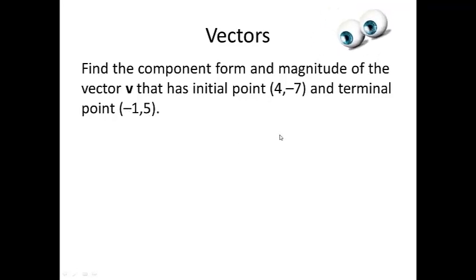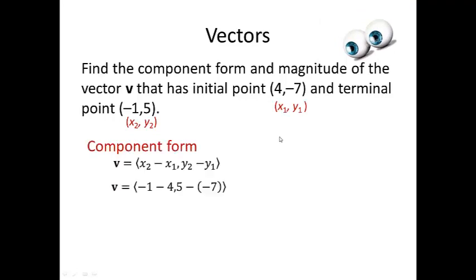All right. This is 4, negative 7. And so we're going to subtract those. Negative 1 minus 4, and then 5 minus the negative 7, gives me 5 to the left and 12 up. Okay, if you started at 4 and you ended up at negative 1, you went 5 to the left.